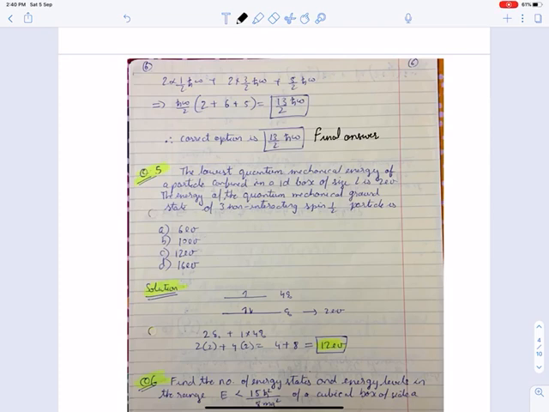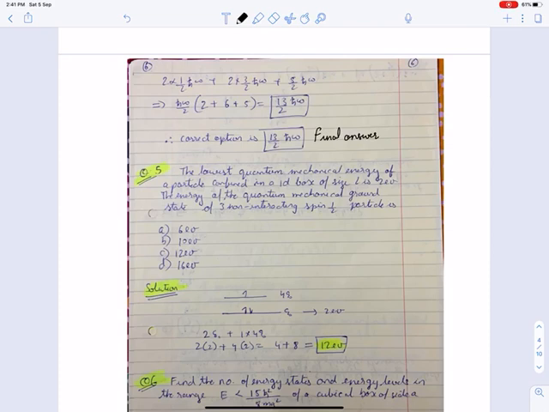The energy of the quantum mechanical ground state of 3 non-interacting spin half particles is. So again we have a 1D box of size L, and the lowest quantum mechanical energy, which means the ground state energy, is 2 eV. We need the ground state energy of 3 non-interacting spin half particles.